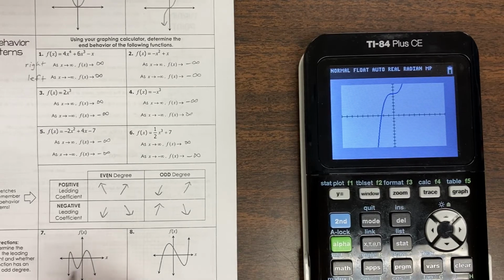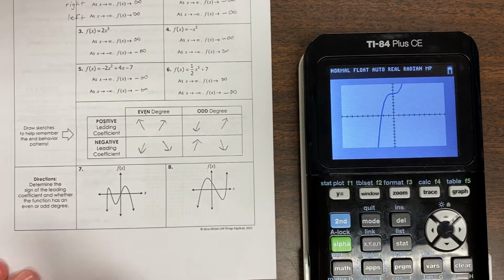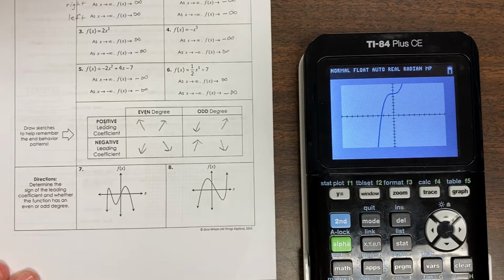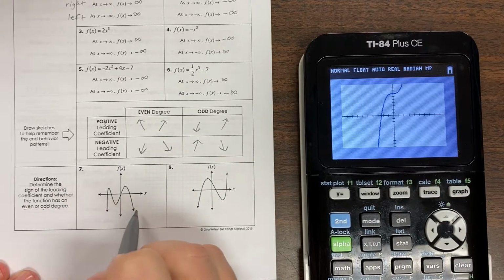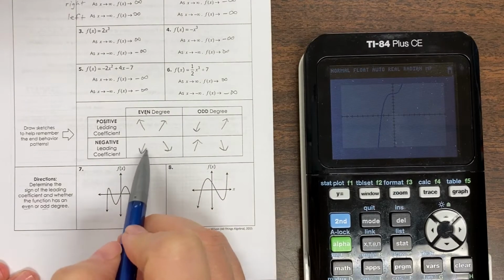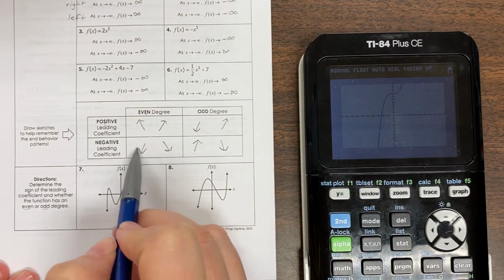So as soon as we see this graph down here, they want us to determine the sign of the leading coefficient and state if it has an even or an odd degree. So as soon as I see both tails pointing down like that, I can just look at my chart. Here we go. Both tails pointing down.